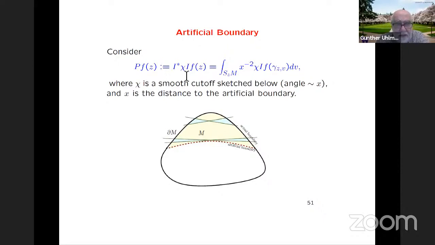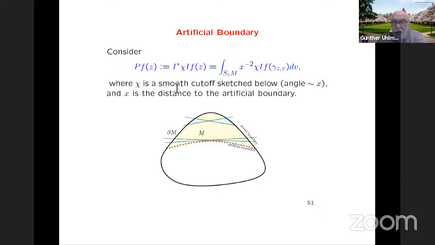So we make a cutoff here to take into account only the geodesics joining points in this neighborhood, which are almost parallel. So it's a smooth cutoff, not to consider all the geodesics. And then we apply the back projection.